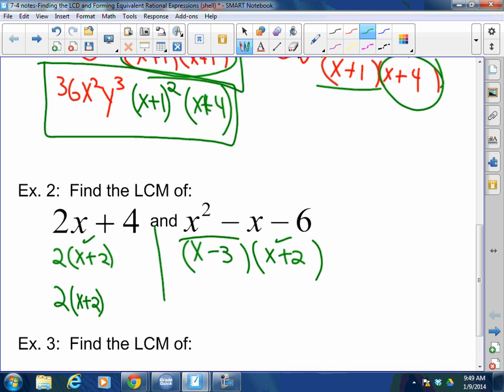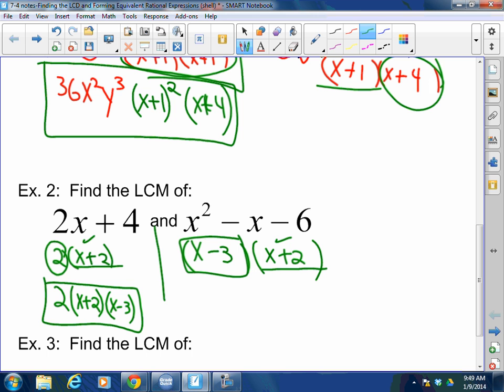And I have an x minus 3, which must be combined as well. That's my LCM. I combined both of those together. I needed a 2, so I have a 2. I need an x plus 2 and an x plus 2, so I just need one x plus 2. And then I also need that x minus 3.